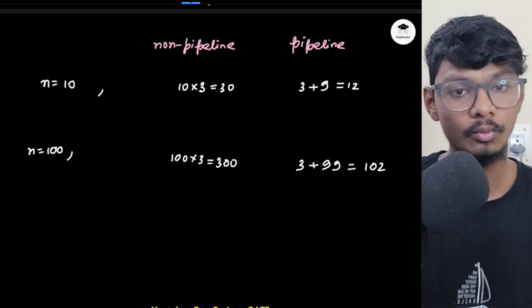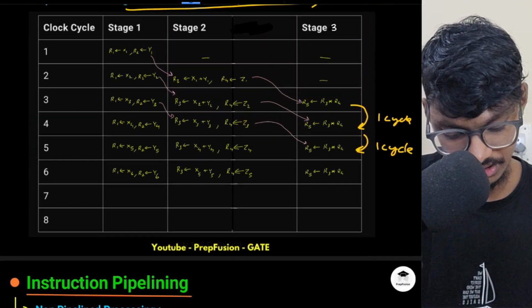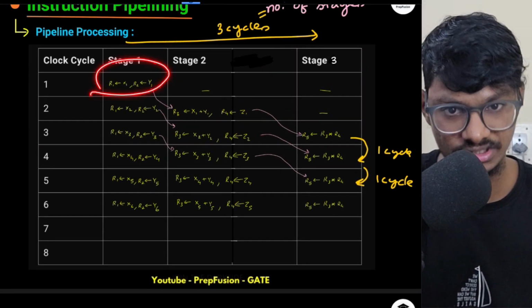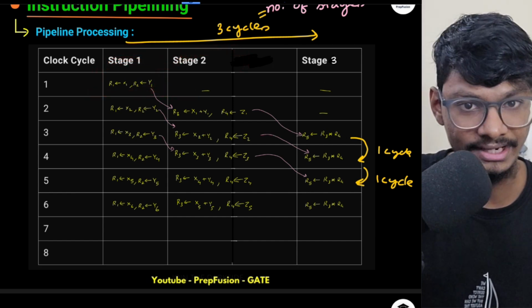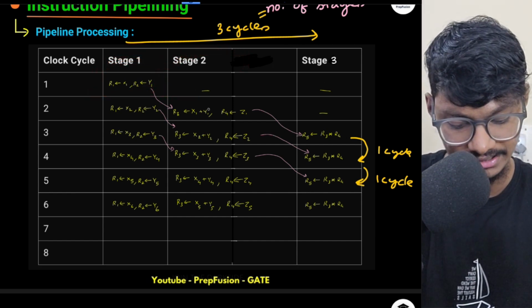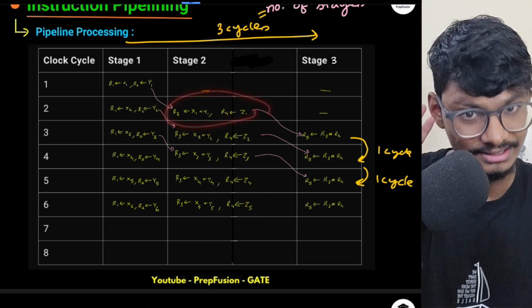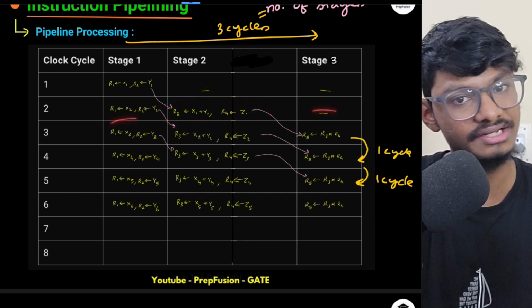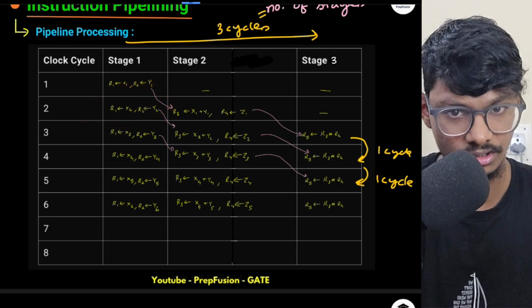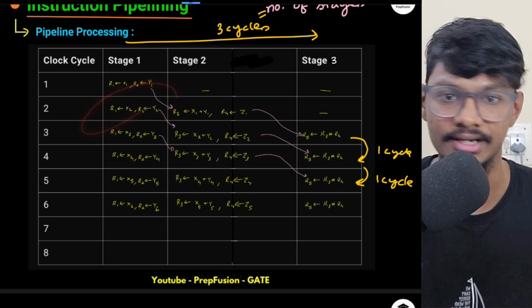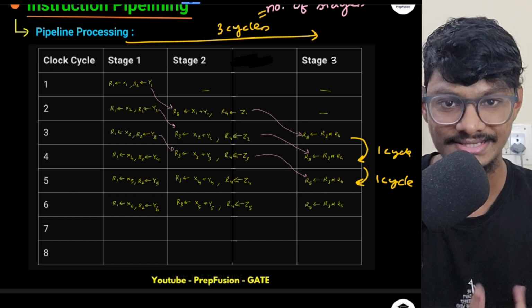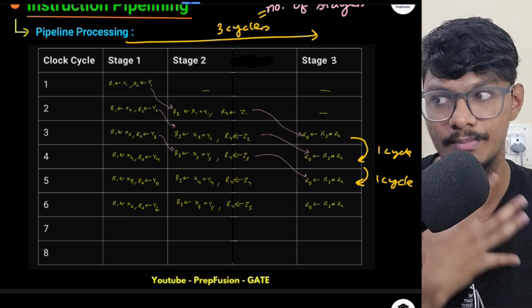In sequential, what was happening? When I was going sequentially, first I was utilizing stage 1, while stage 2 and stage 3 were idle in the non-pipelined system. Then as I reached stage 2, in the second cycle, stage 1 and stage 3 are idle. But in pipeline, we make stage 1 work. In sequential, stage 1 is idle because we are processing each instruction independently.